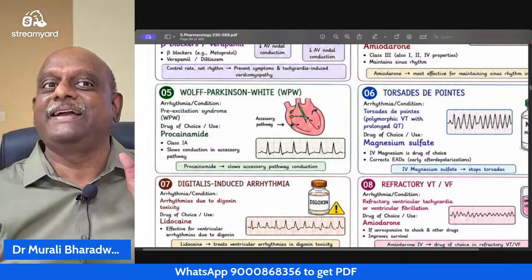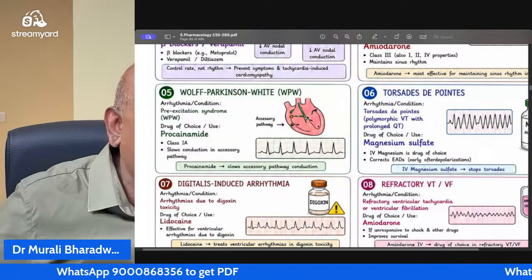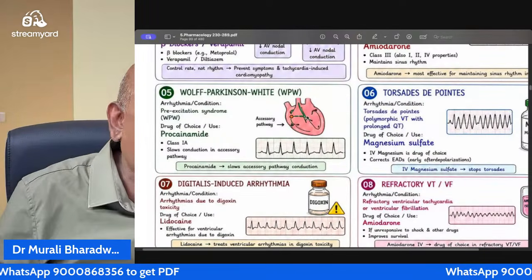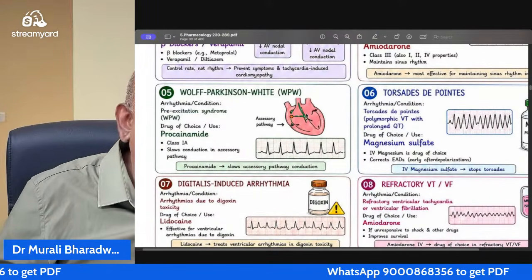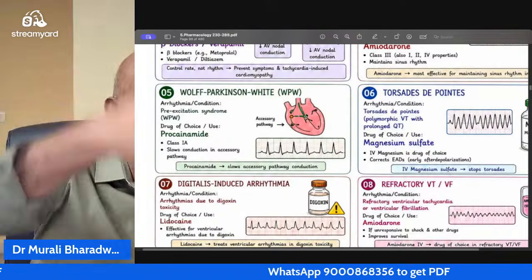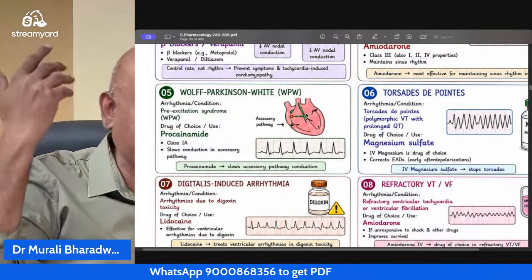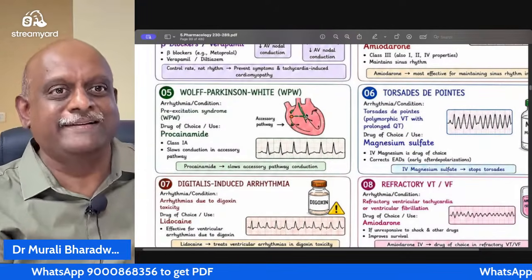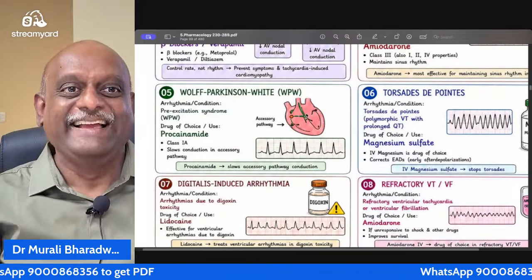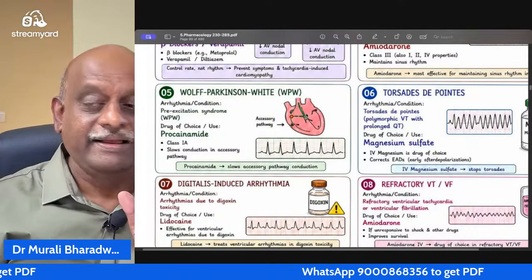Reentry pathway. In this situation, if you happen to give digitalis, what will happen? In Wolff-Parkinson-White, it will make the AV node refractory and encourage the reentry pathway to go free. What is that called? Free hit. Right. So, favorite question of the examiner.